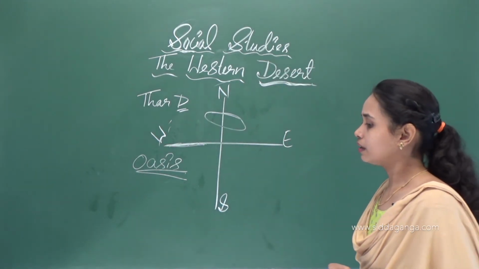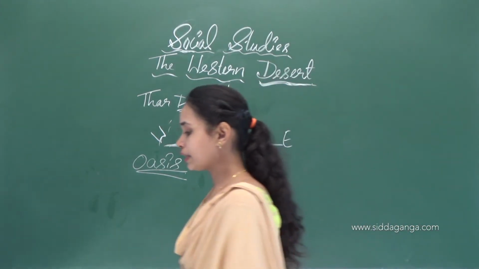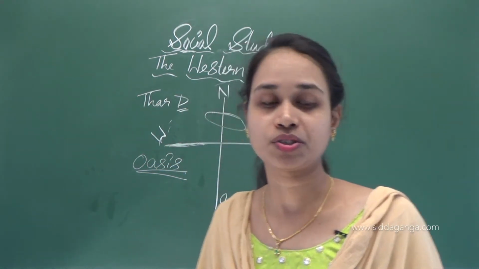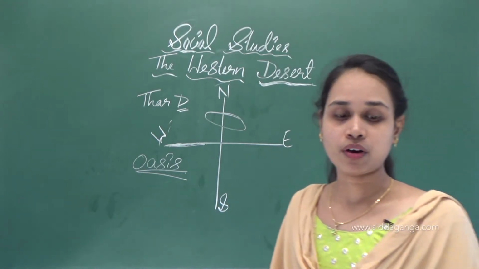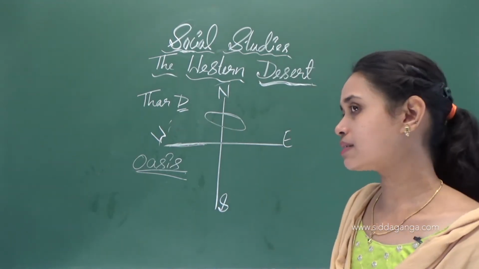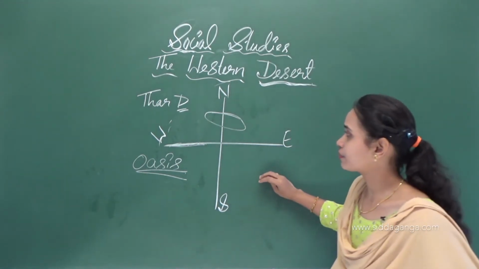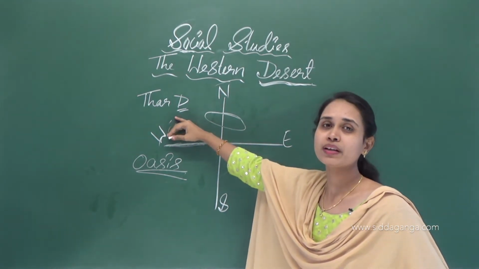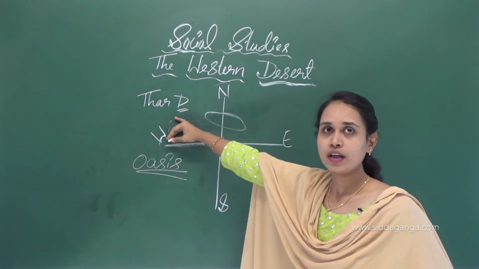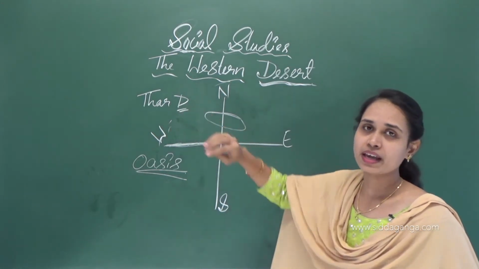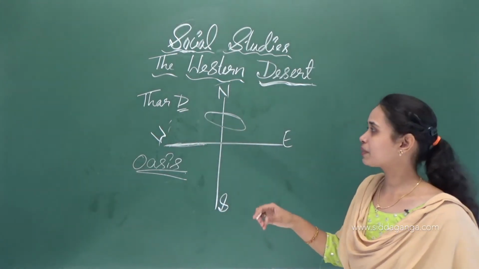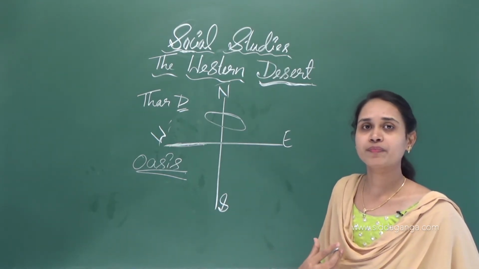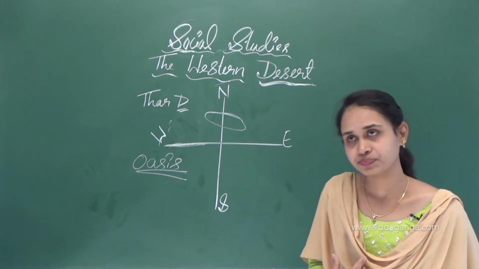Here the places which get very little rainfall gradually became deserts. The place where they get little rainfall gradually becomes a desert. Why is the desert happening? Do you have any idea why?